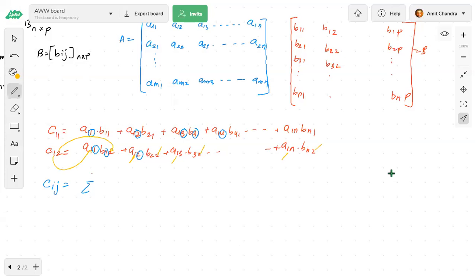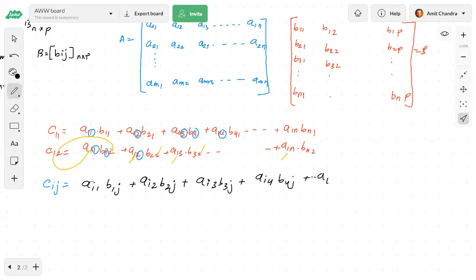So if I have to write Cij, we can get something like this: Ai1 B1j plus Ai2 B2j plus Ai3 B3j plus Ai4 B4j plus, till which element?